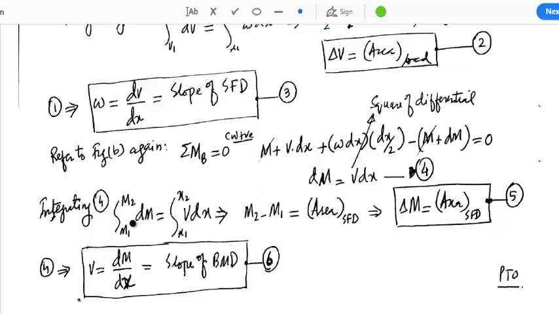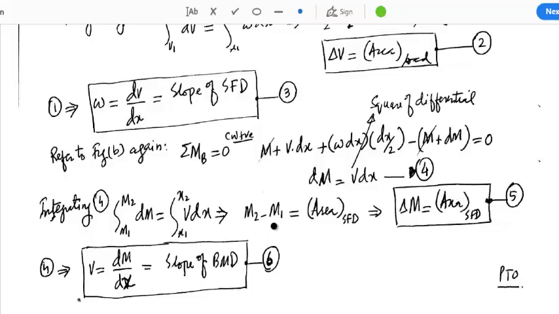Now if we integrate dM from M1 to M2, we get M2 minus M1, and V dx is the expression for shear. If we integrate the expression for shear from x1 to x2, we will get the area of the shear force diagram from x1 to x2. So on the right side we get the area of SFD, and on the left side we have M2 minus M1.